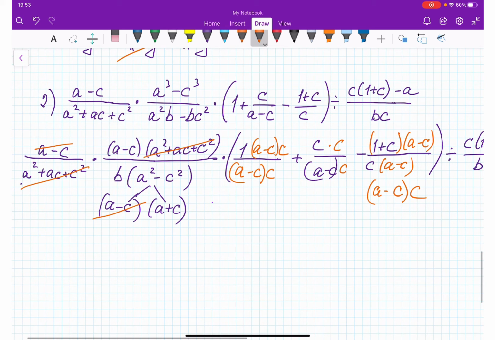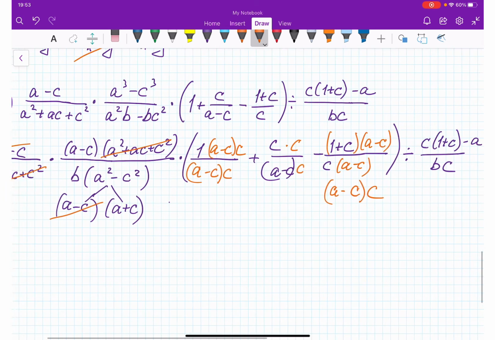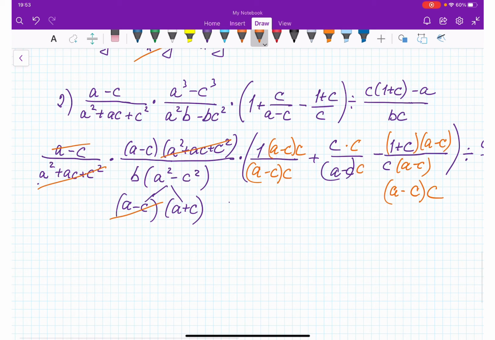what else can I do? Well, so far nothing else. Let me simplify this. So I'm going to get in the numerator a − c. In the denominator I will have b times (a + c). Yes? And multiply. Here we are going to have the common denominator c times (a − c), right?